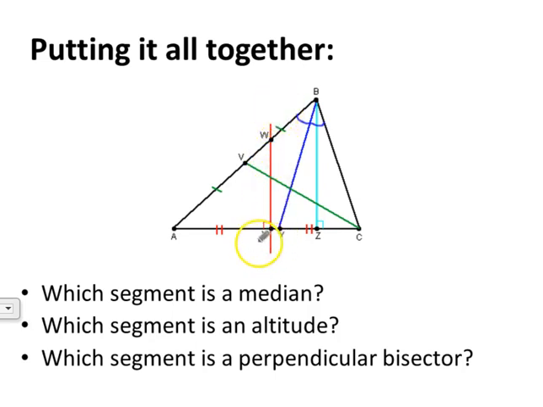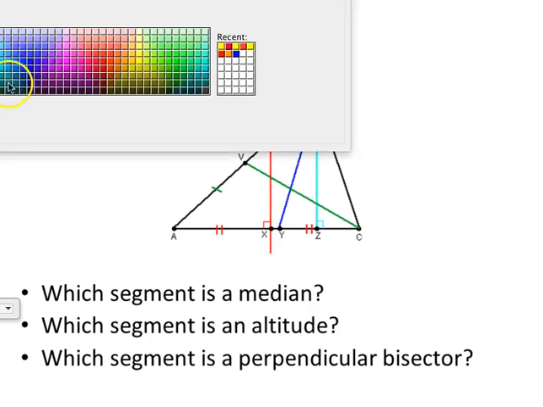It has to start at a vertex, and then it also has to intersect at a midpoint. So this green one starts at a vertex and intersects the line at a midpoint. So this green one is the median.